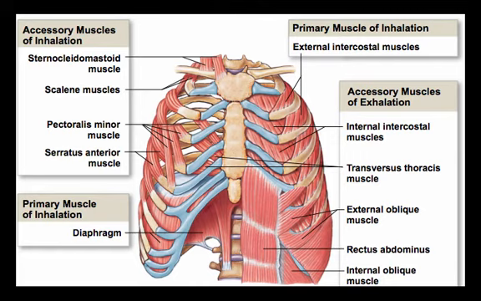Muscles used in inhalation include the diaphragm, which provides 75% of normal air movement, and the external intercostal muscles that assist inhalation by providing 25% of normal air movement. Accessory muscles such as the SCM, serratus anterior, and the pectoralis minor all assist in elevating the ribs during more active breathing during exertion.